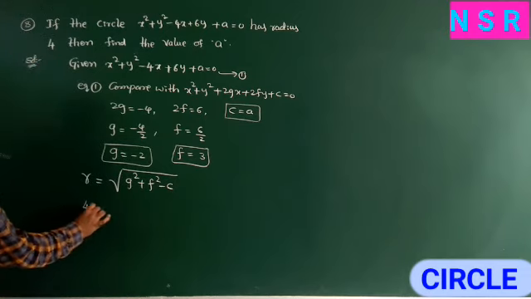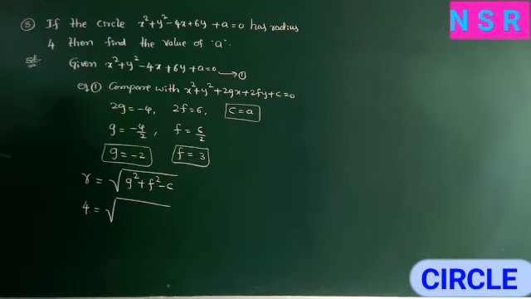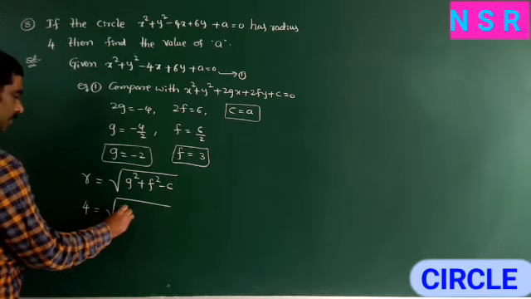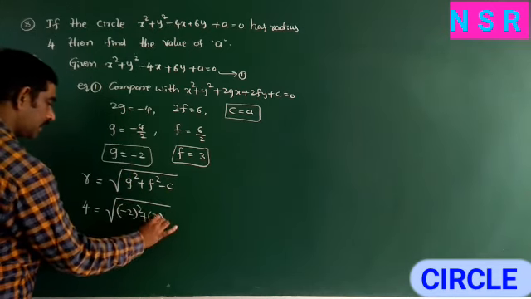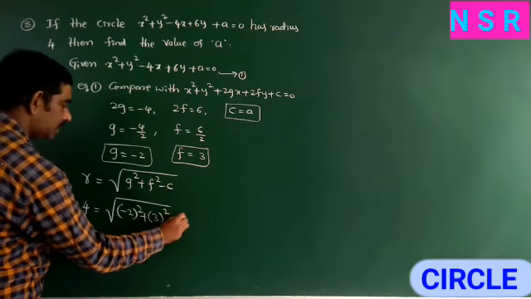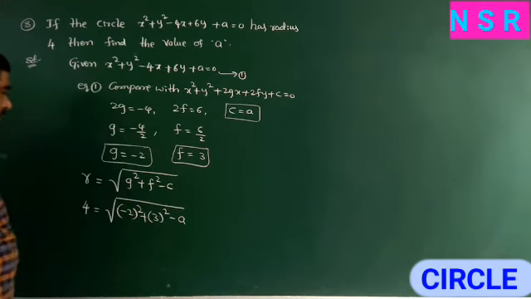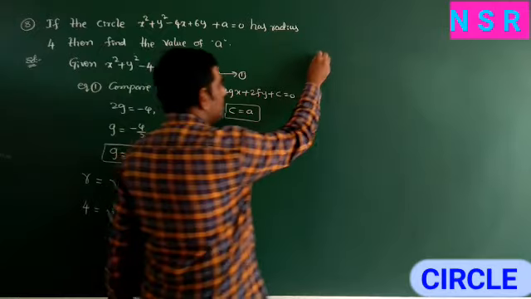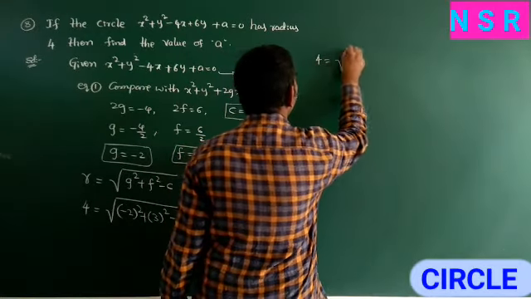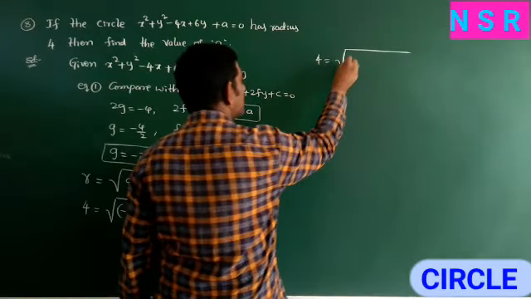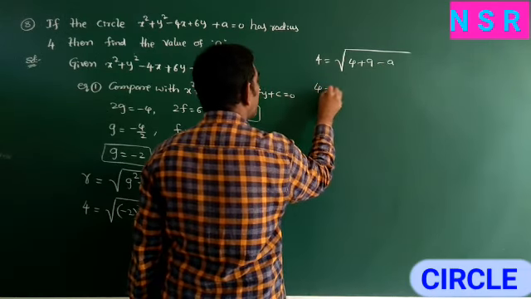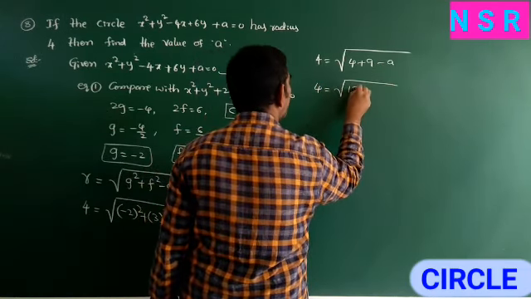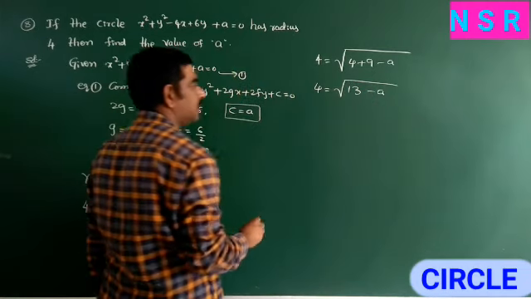Now 4 is equal to under root of g square, minus 2 square, f square, 3 square, minus c value a. Now 4 is equal to square root of 4 plus 9 minus a. So 4 equal to square root of 13 minus a.